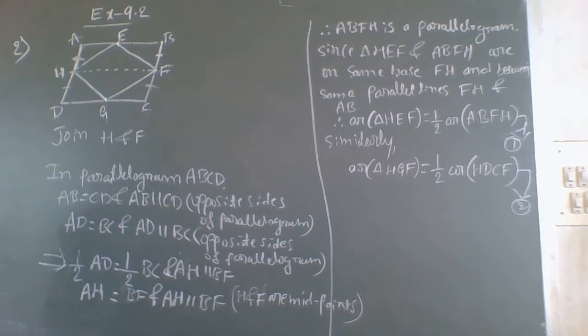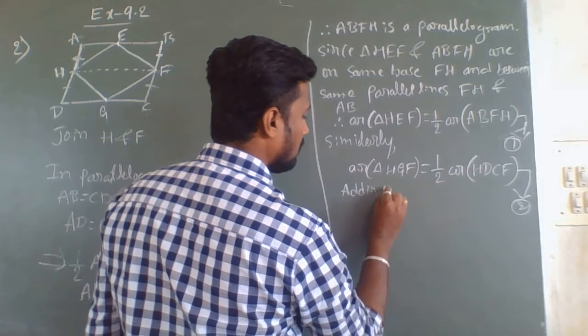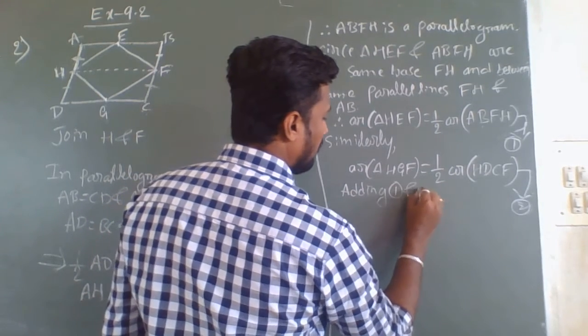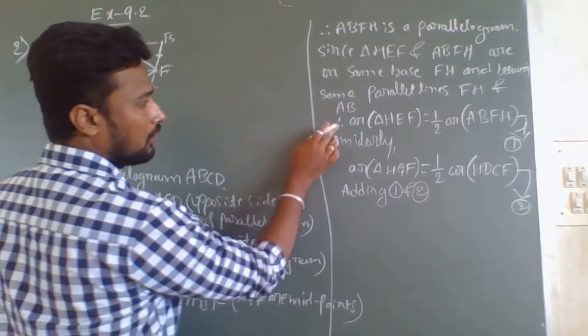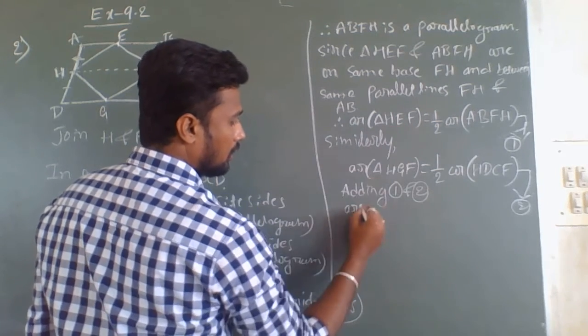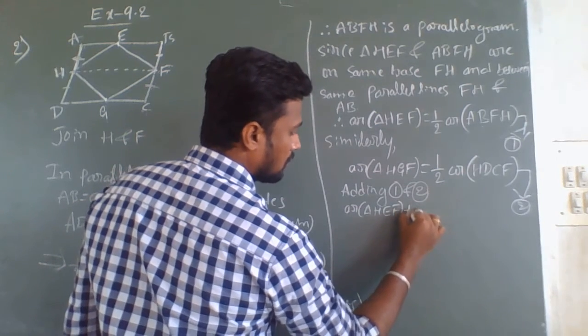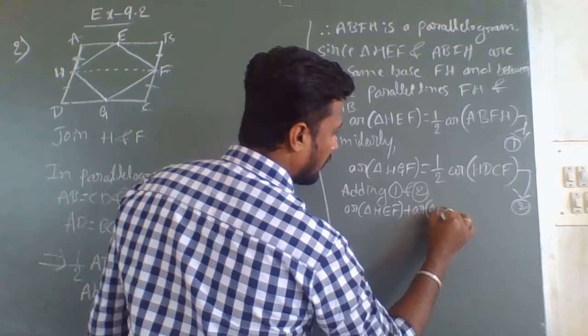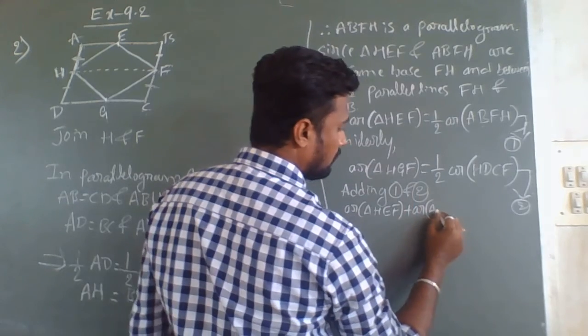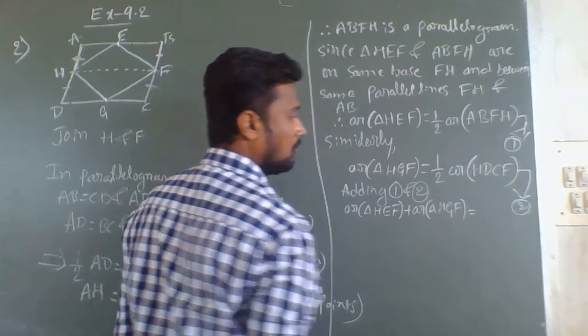So now what we will do, we will add equations 1 and 2. So here I will write adding 1 and 2. First we will add the left hand part: area of triangle HEF plus area of triangle HGF equals to.